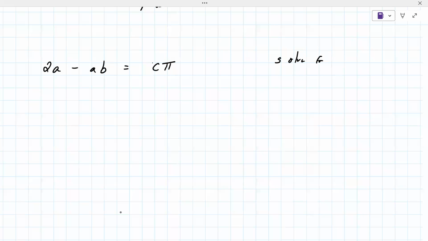Okay, so let's try another one here: 2a minus ab equals c pi. So 2a minus a times b equals c times pi. You're going to solve for a.